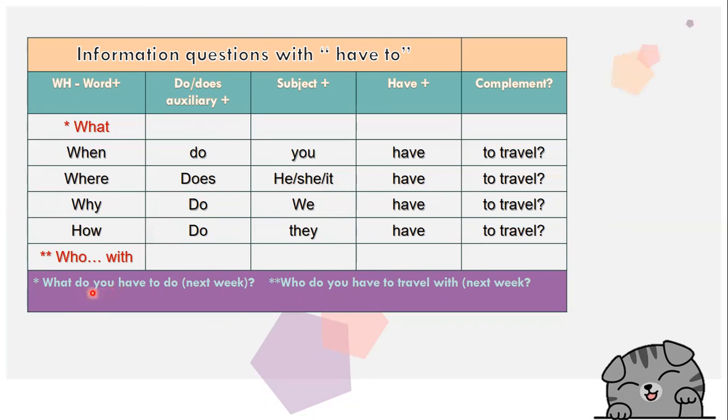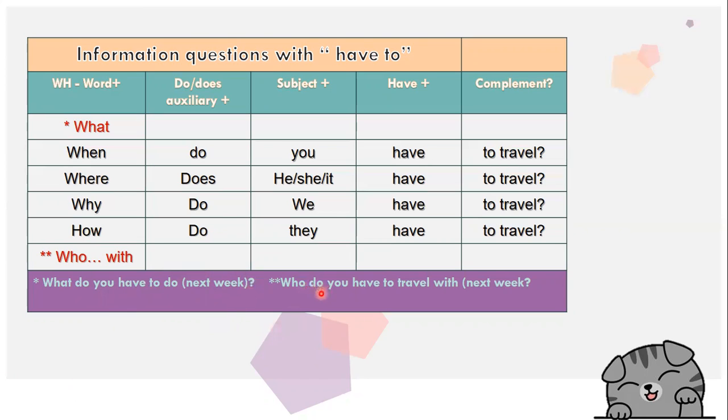We have what. What do you have to do next week? As you can see, we can talk about next week, because if we say what do you have to do, it's what is it that you have to do. But if we are talking about, for example, the future, we take next week, right? Of course, we don't always say next week. It depends on the context that you are going to use it.